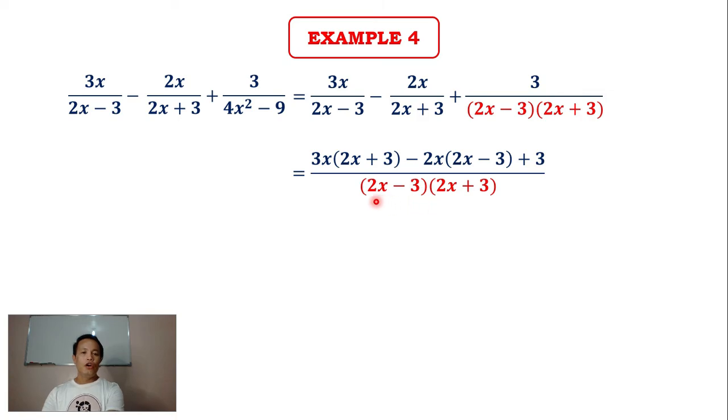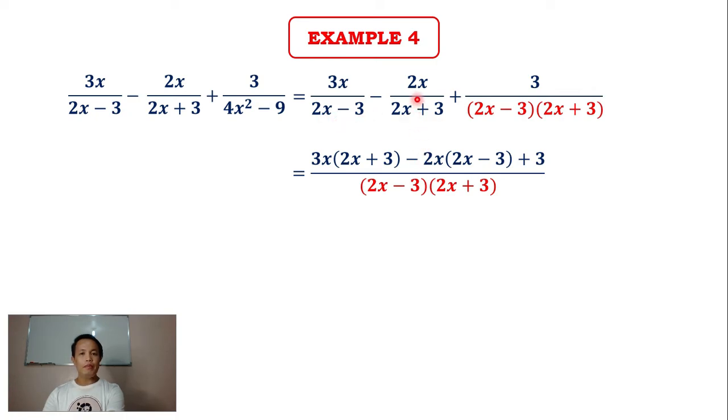So, 2x minus 3 times 2x plus 3 divided by 2x minus 3 will give us 2x plus 3. Then, we multiply the result with the numerator. So, we have here 2x times 2x plus 3. Then, we copy minus. The same process, the LCD divided by 2x plus 3 will give us 2x minus 3.